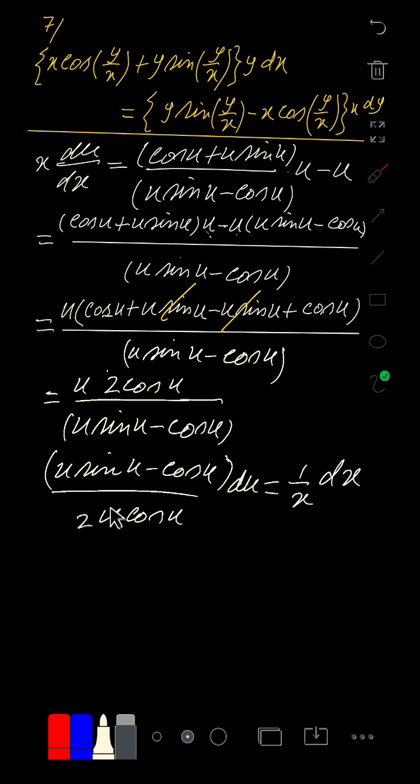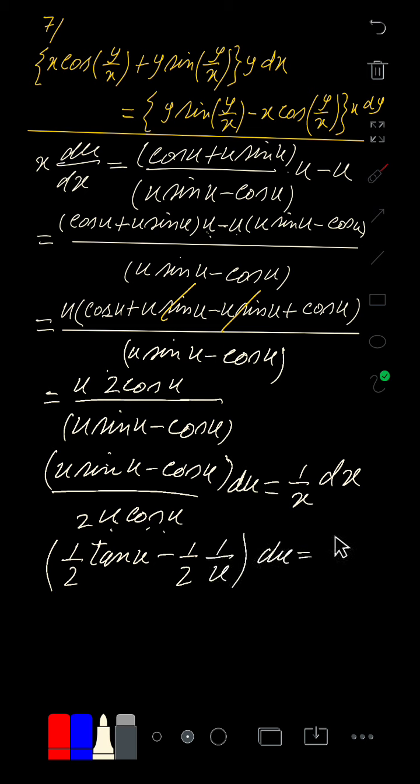If we split them up, we have 1 upon 2 tan u, because if we divide u sin u by 2u cos u, u will be cancelled by u and sin u upon cos u becomes tan u, and 1 upon 2 as it is, minus 1 upon 2, and cos u will be cancelled by cos u. If we divide the second term by 2u cos u, only 1 upon 2, 1 upon u is left.